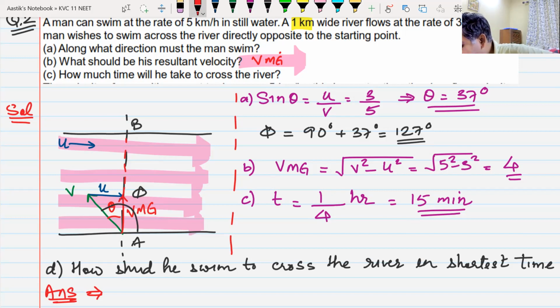In which direction should he swim to cross the river in the shortest time? No answers?